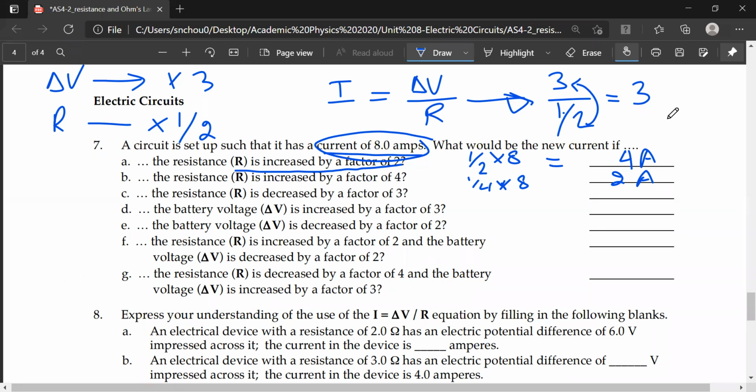So 3 times 2 is, I'll just put it in one step, 6. So the current will be 6 times larger, and 6 times the 8 amps is the actual value of the current. So then the answer would be that. By the way, I messed up one thing. This here, let me see if that's the resistance increased by a factor. No, that is with that.